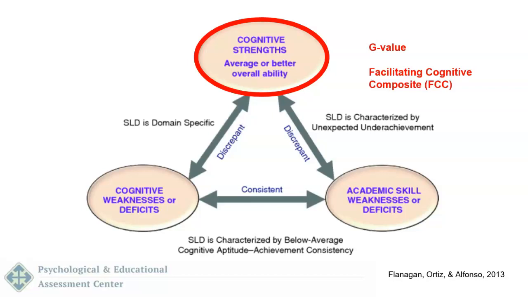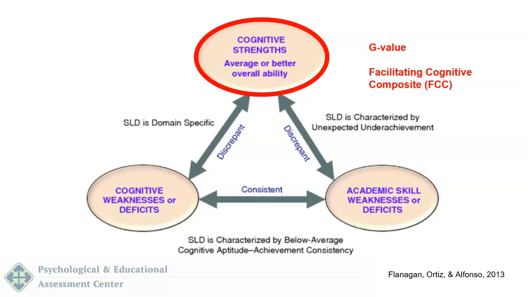A G-value ranges from 0 to 1, and values greater than 0.6 are considered to be indicative of general overall average ability. FCC refers to the individual's overall general ability based on strengths. This score will likely be shown as a standard score. I will show you in more detail how this criterion is measured by the examiner when we review the cross-battery assessment software program.